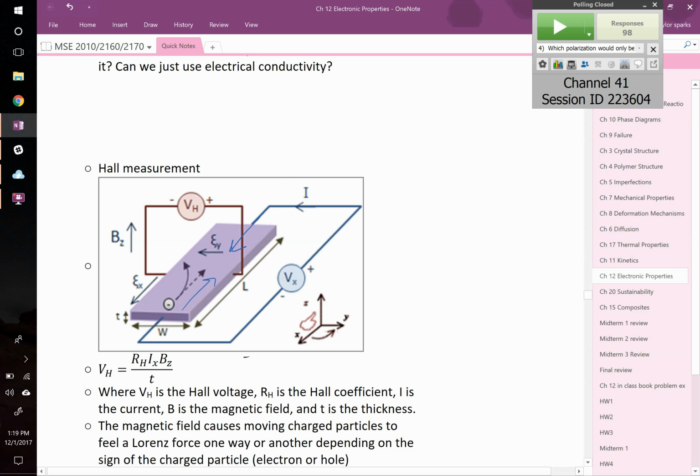Because your current is traveling that way, the right-hand rule for a Lorentz force, which is the force that a charged particle experiences in a magnetic field, says that if the current's this way and the magnetic field is that way, your particle experiences a force that way. Therefore, the charged particle is going to migrate that way. Vaguely familiar? Okay.